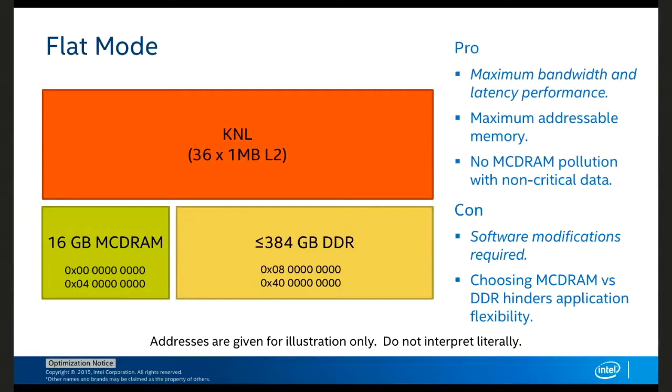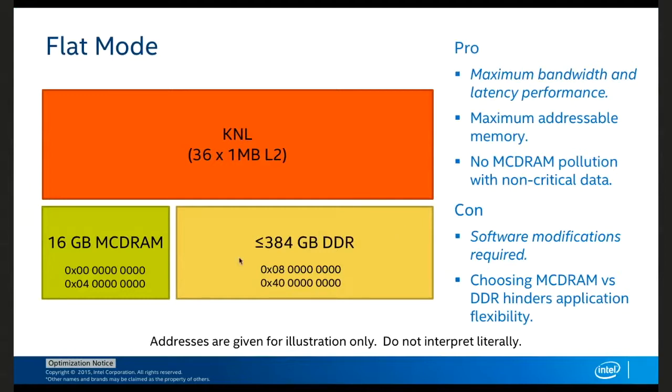So flat mode is basically what we call it when you explicitly have the MCDRAM, which is the fast memory and small capacity, and the DDR, which is large capacity and lower bandwidth, exposed.